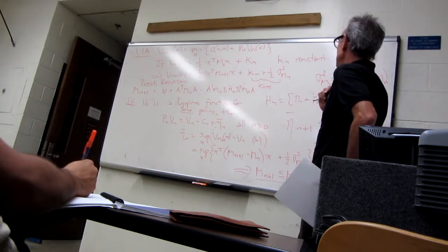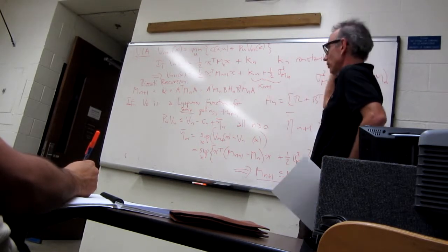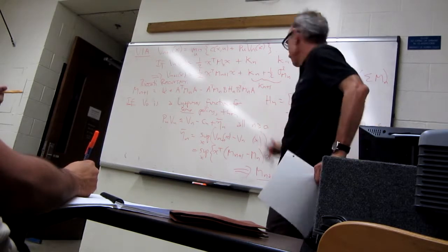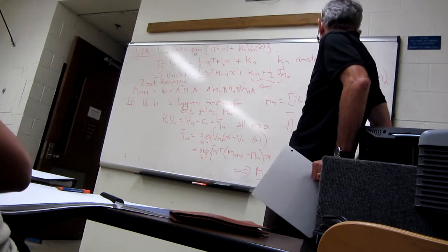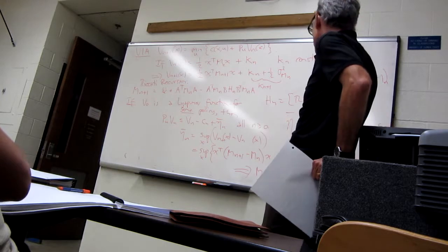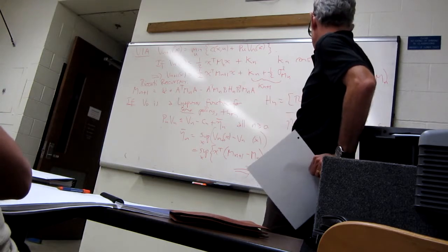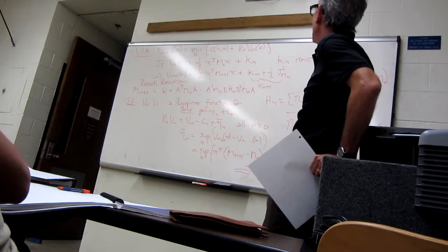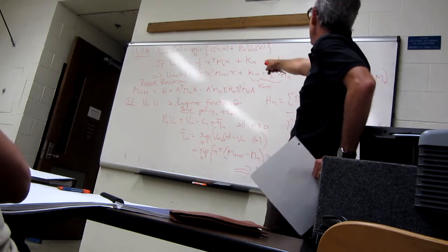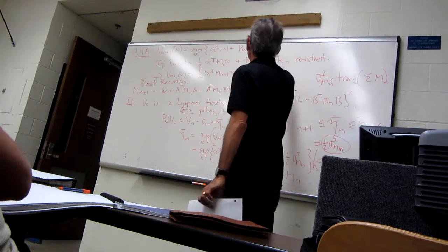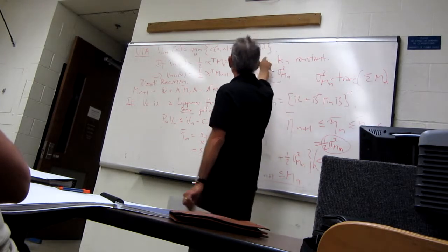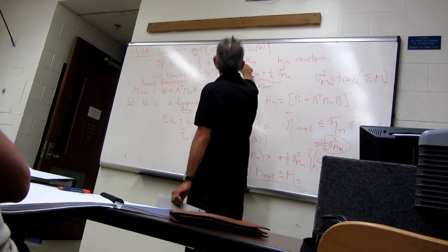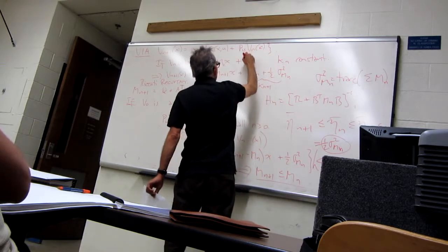Is that right? No, it's an inequality. Shouldn't that be the kn instead of 1/2 sigma squared mn? Because we didn't show that kn plus 1 is equal to 1/2 sigma squared mn plus 1. No, we did it here, but I'm just talking about this. This is a lowercase k.